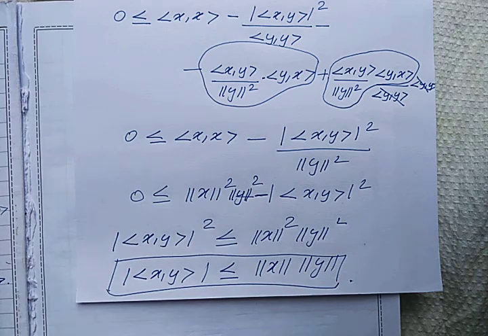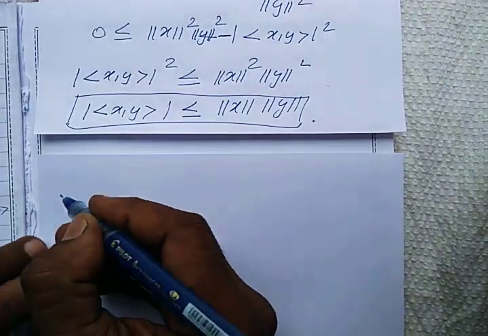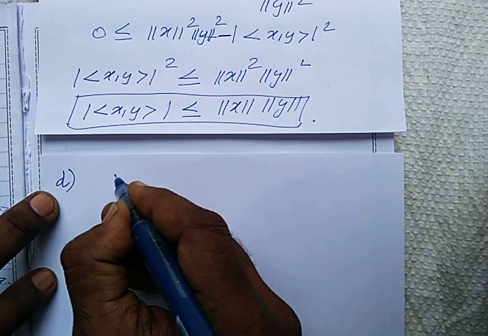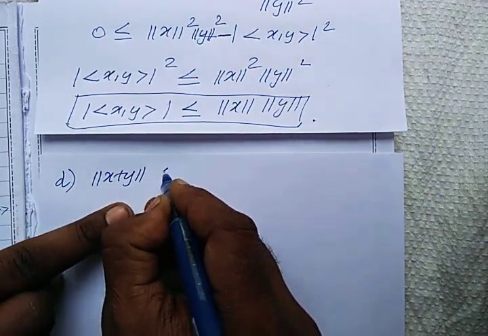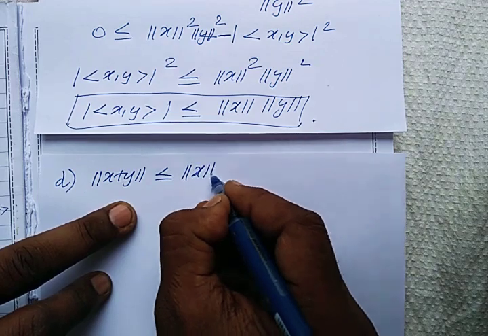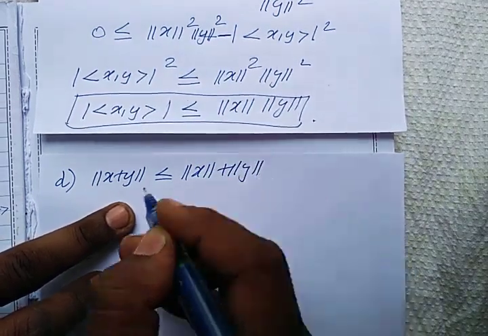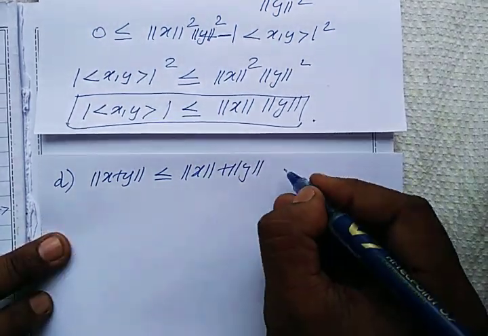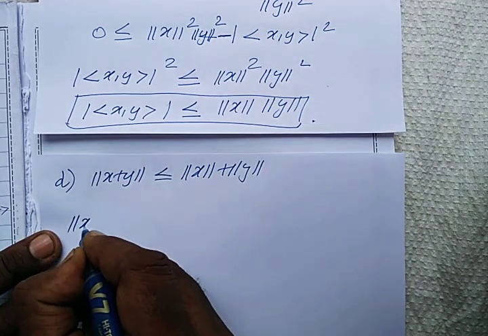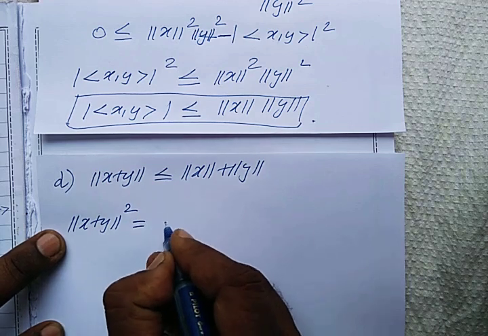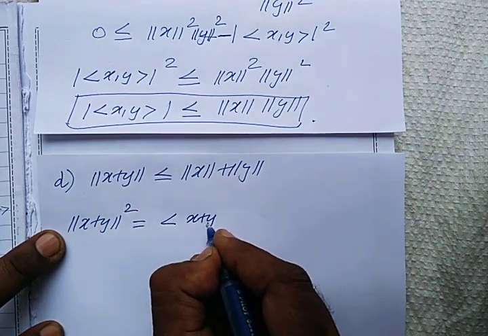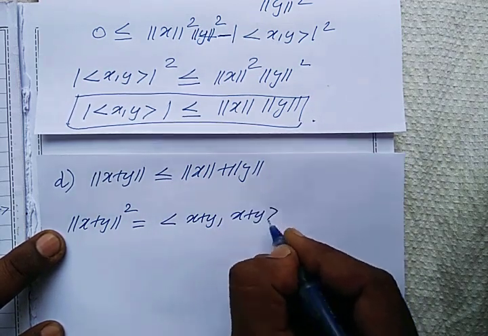Now let us prove the triangle inequality, the fourth property. What is the triangle inequality? Norm x plus y is less than or equal to norm x plus norm y. Let us prove it. Norm x plus y the whole square is equal to the inner product of x plus y comma x plus y.